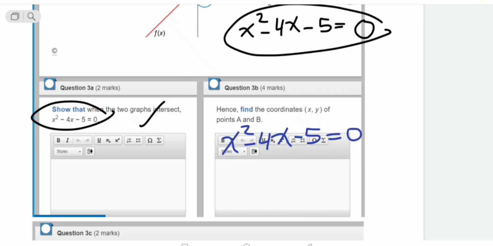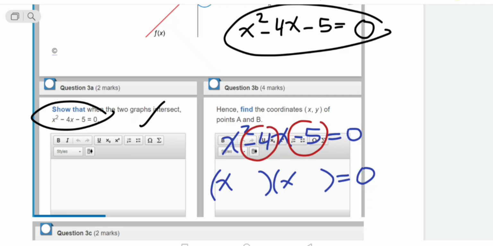We need two numbers. When you multiply, should be minus 5. When you add, should be minus 4. What are the two numbers? Two numbers are minus 5 and plus 1. Because when you multiply minus 5 with 1, it is equal to minus 5. When you add minus 5 plus 1, it is equal to minus 4.